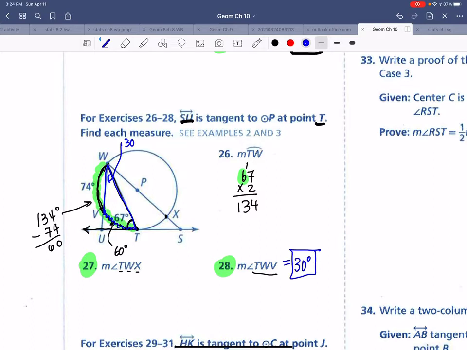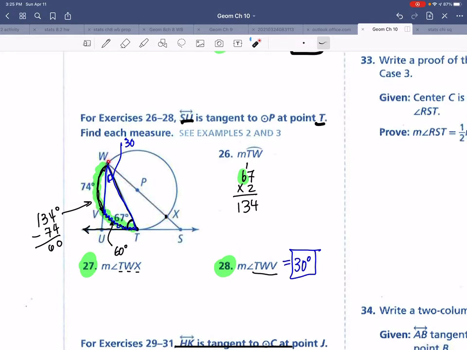So what would I need to know here? Well, trying to think here. I'm trying to find TWX. I need this arc, and then I'll cut it in half. So this is a diameter, right?